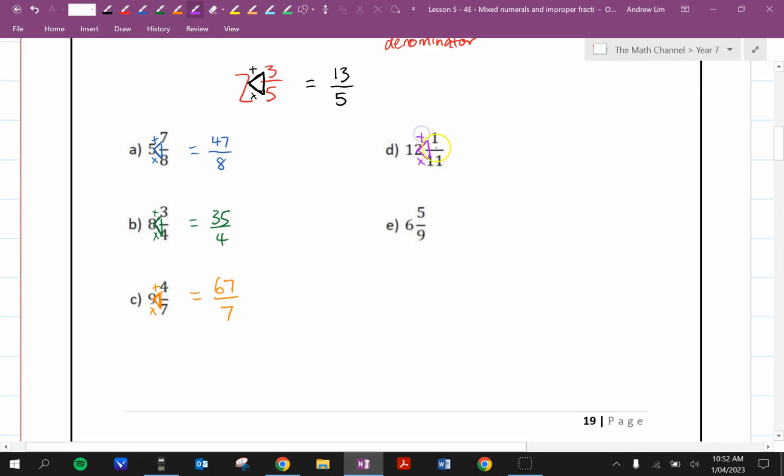Times, plus, over. 11 times 12 is 132, plus 1, 133, over 11. Times, plus, over. 9 times 6, 54, plus 5 is 59, over 9.